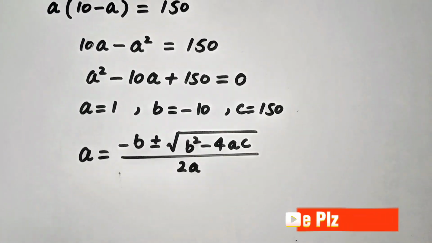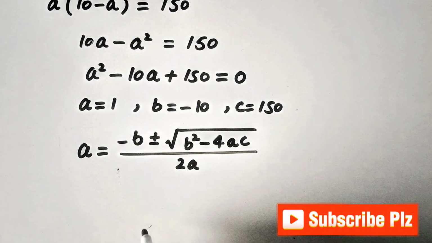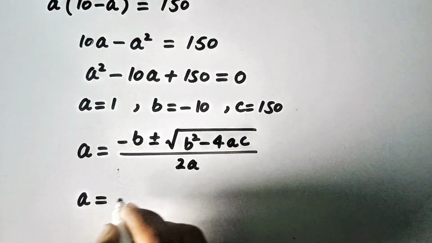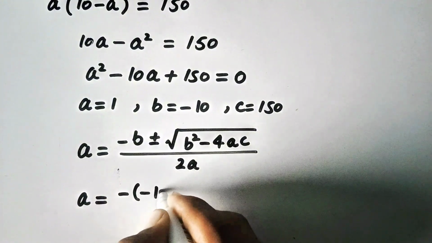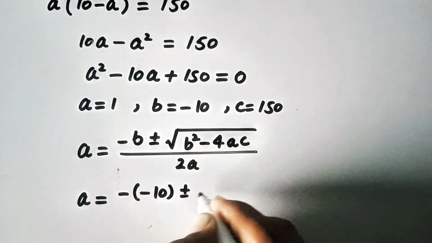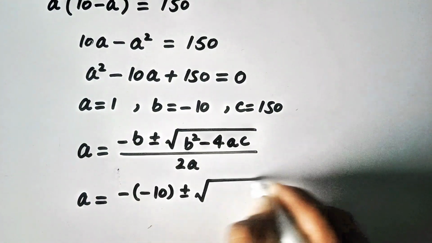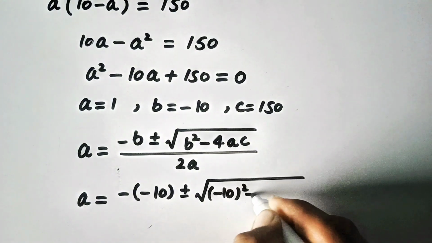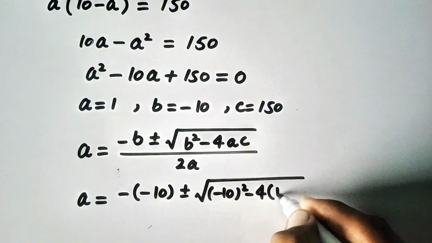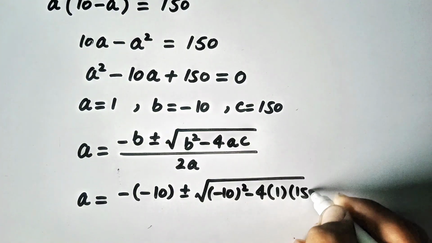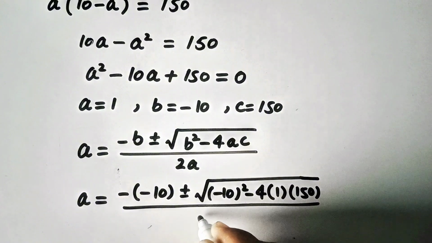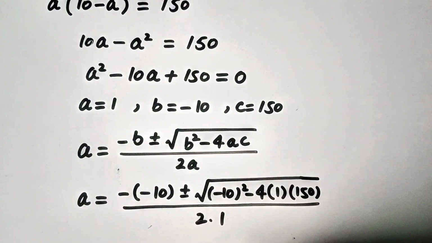And now by putting the values of a, b and c, here a will be equal to minus of minus 10 plus or minus root of minus 10 square minus 4 times 1 times 150, divided by 2 times 1.